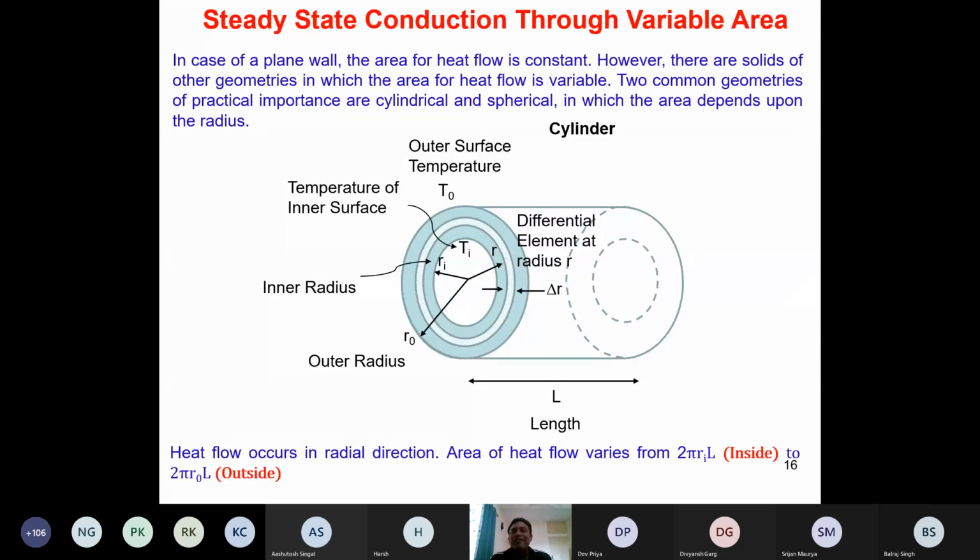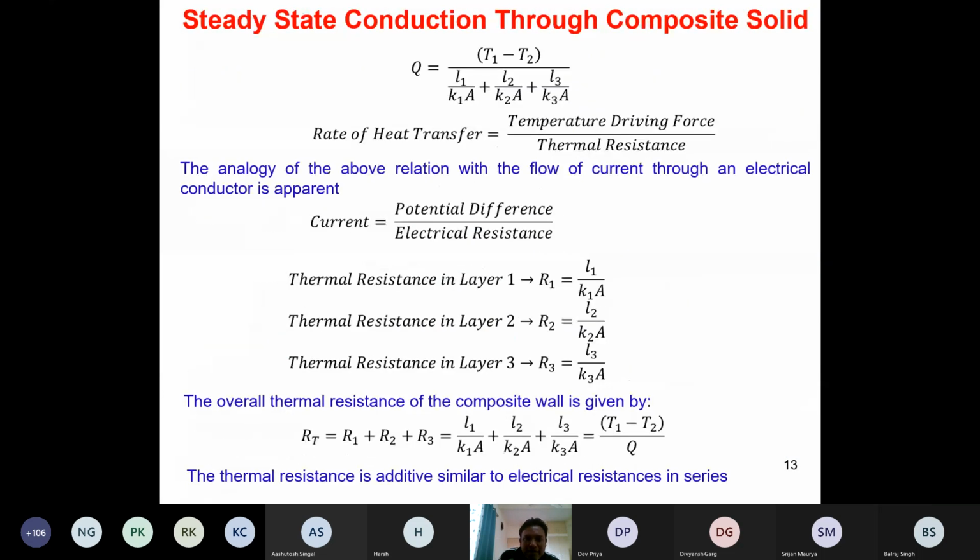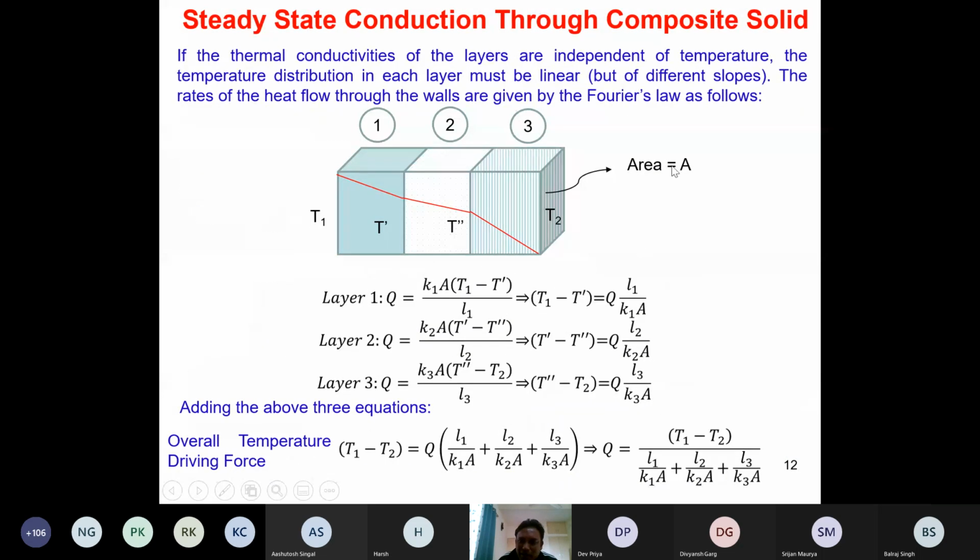Now let us look at the steady state heat conduction through a variable area. This is a very important topic. So far we have seen a composite wall or a wall in which the heat transfer area A was fixed, isn't it? A was not changing. You can go back and see here this heat transfer area A is fixed for all three slabs, isn't it? So the heat transfer area is constant for all three slabs, and therefore the temperature profiles are linear here.